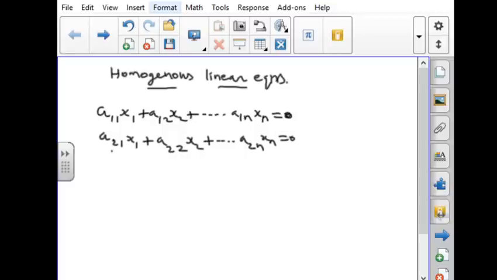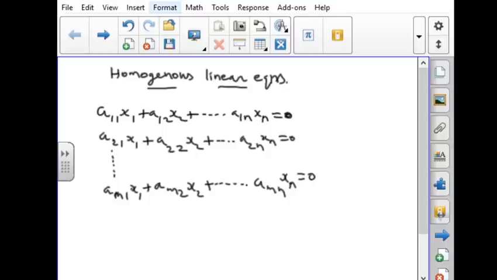Like this we can have up to am1 x1 plus am2 x2 plus etc. up to amn xn is equal to 0.